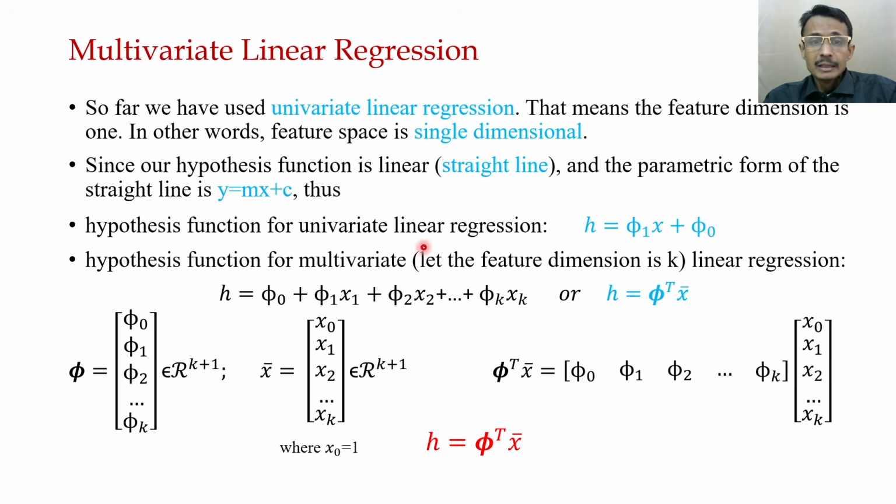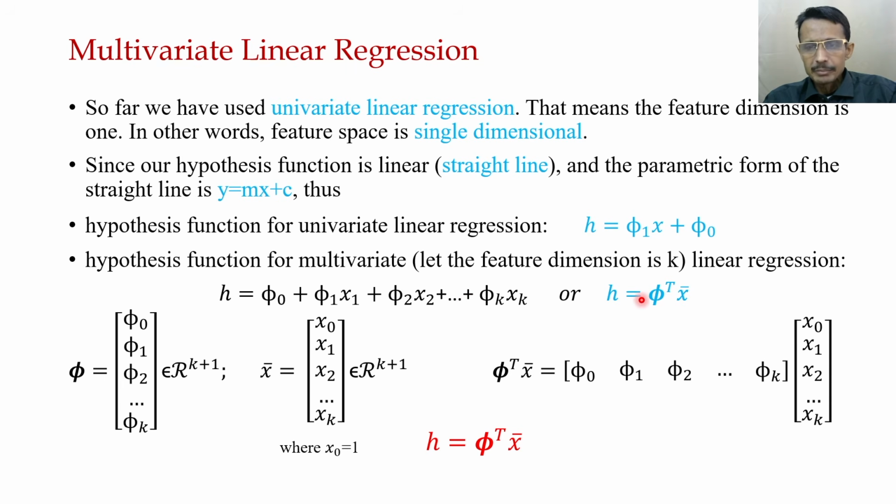Now for our multivariate case where the feature dimension is k, this hypothesis function becomes phi 0 plus phi 1 x1 plus phi 2 x2 and so on up to phi k xk. This is the only difference between the univariate case and the multivariate k-dimensional space.